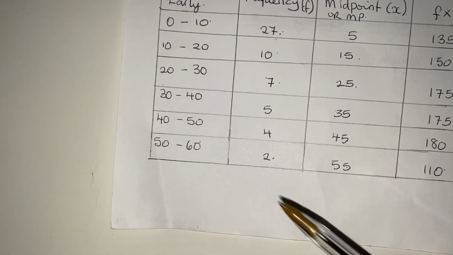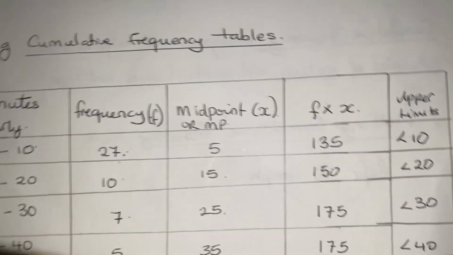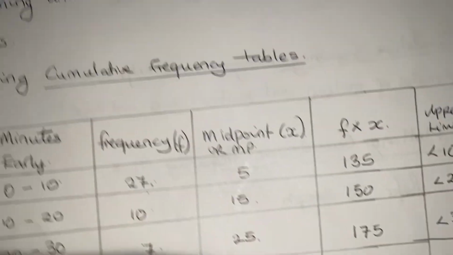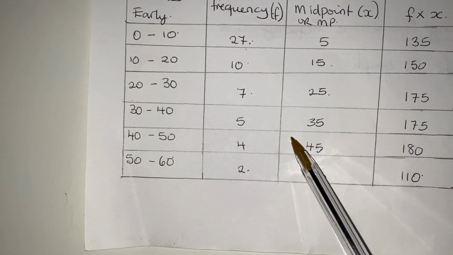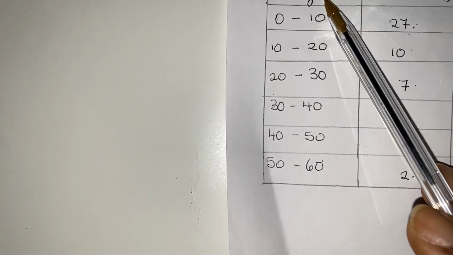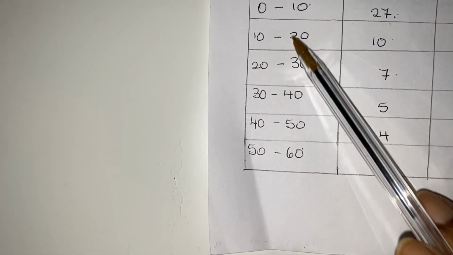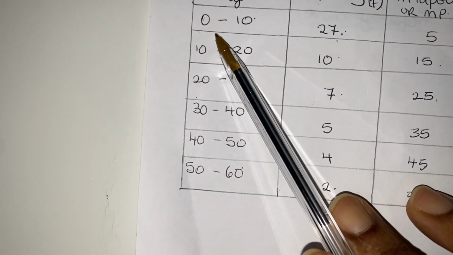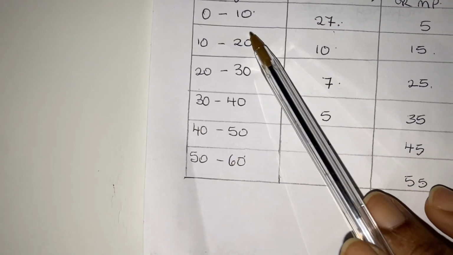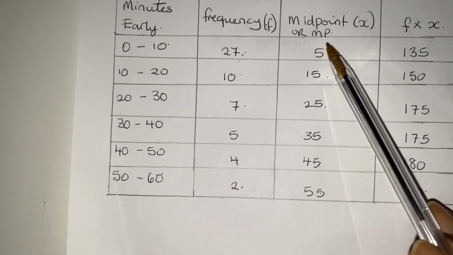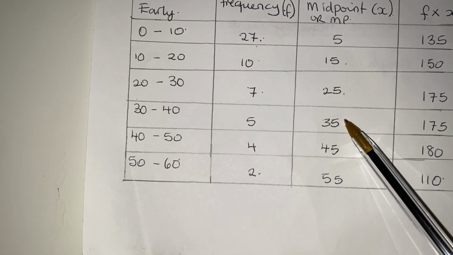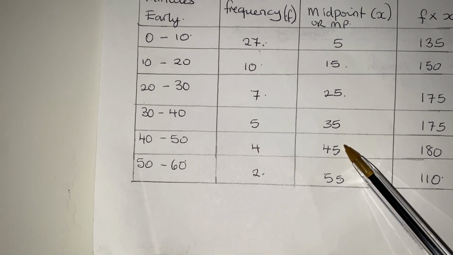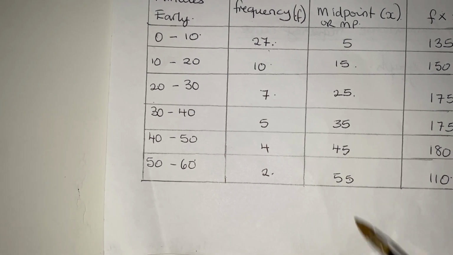Now, assuming you were not drawing the graph and you had to find the midpoint, then you find the middle of the minutes, which is the lower and the upper divided by 2. So I've done that here: 5, 15, 25, 35, 45, and then 55.